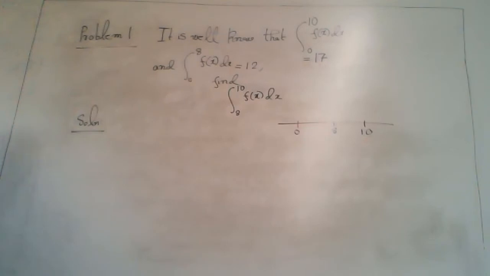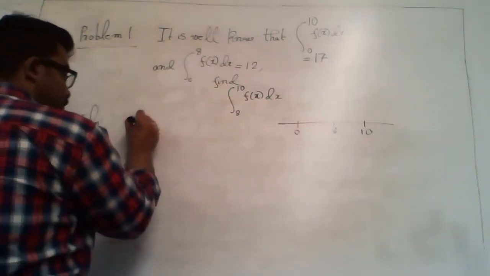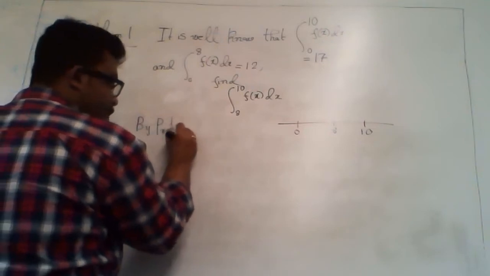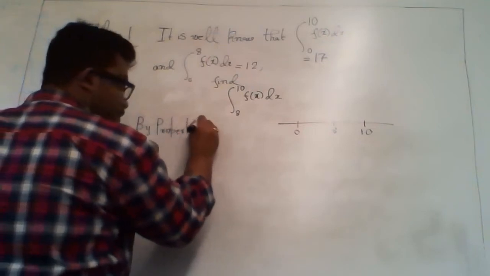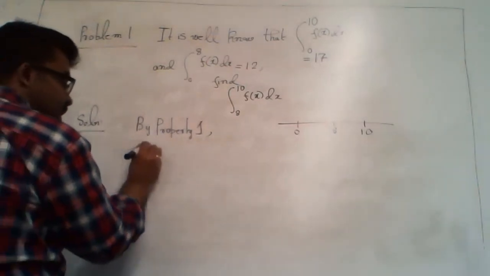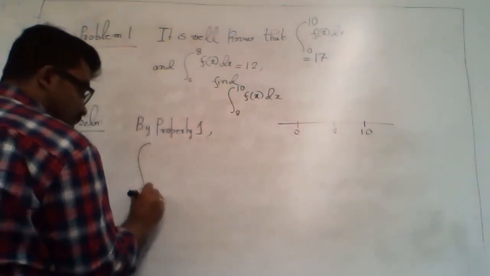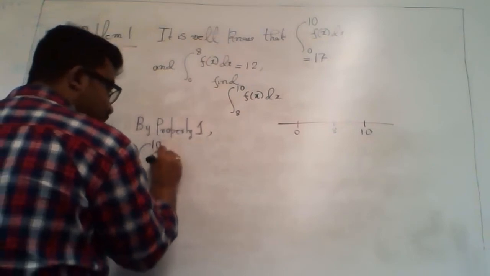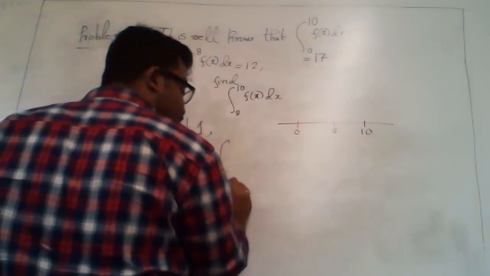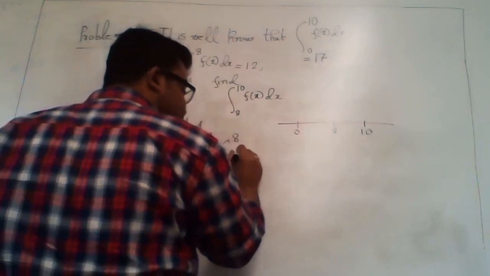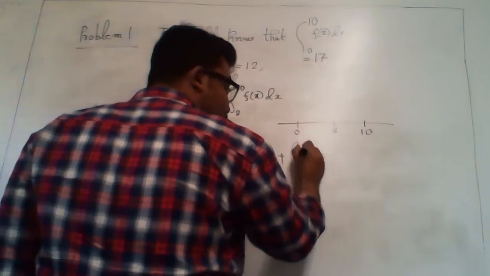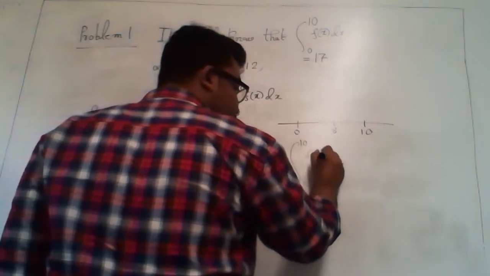So by property 1, that we have just studied, we can write integral from 0 to 10 f(x) dx as integral from 0 to 8 f(x) dx plus integral from 8 to 10 f(x) dx.